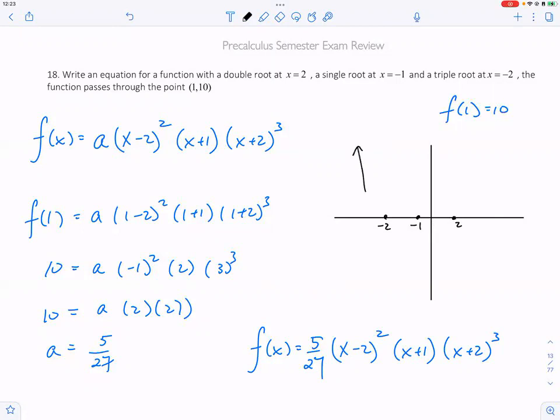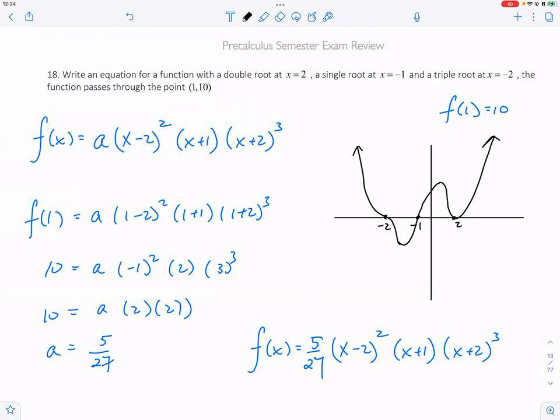And then you have a triple root at -2, and then a single root at 1. And then you have some sort of y-intercept. And then you have a double root at 2. So based on our given information, f of 1 is equal to 10, yes, it makes sense that f of 1 could give you 10.